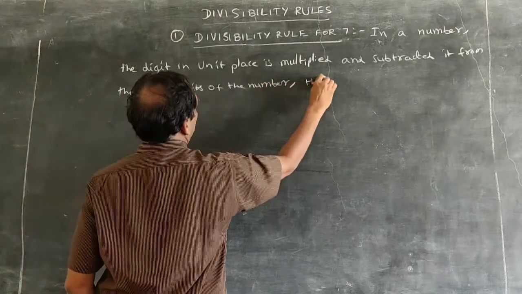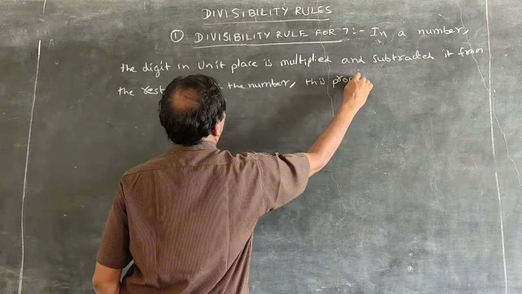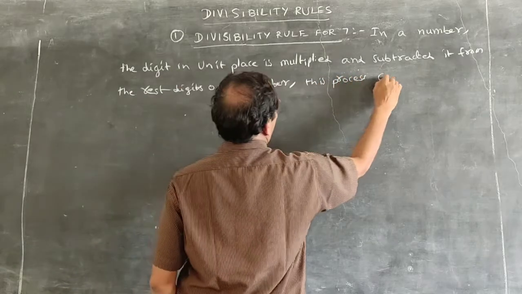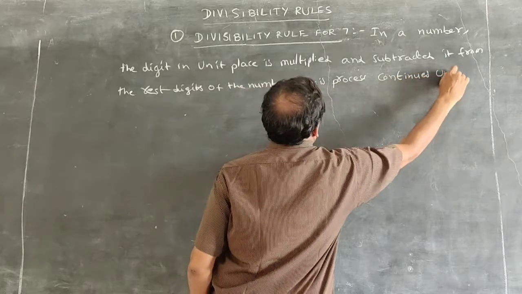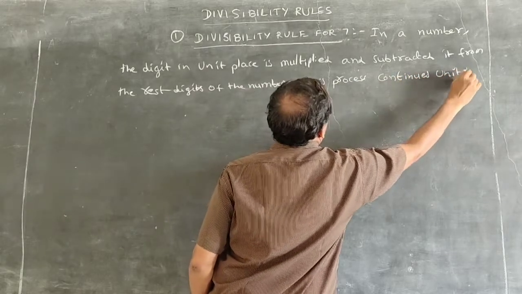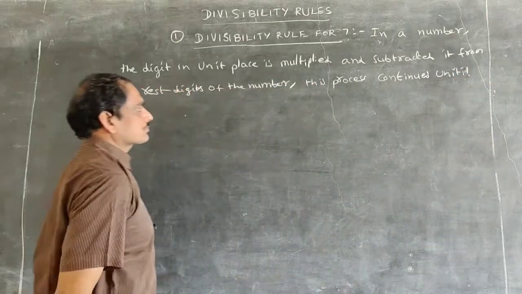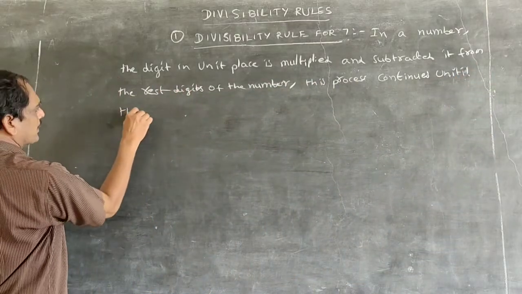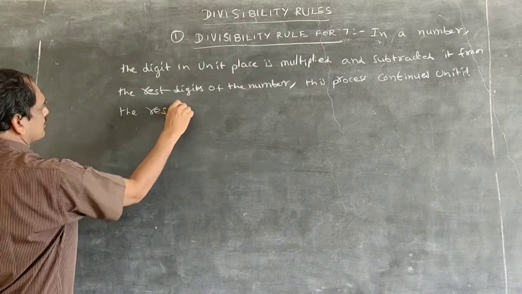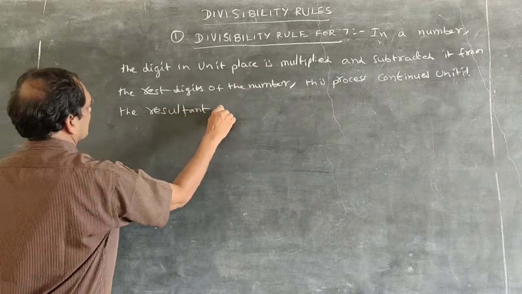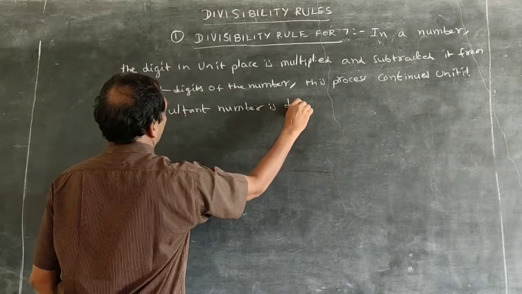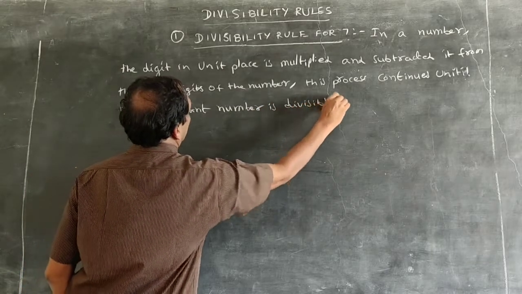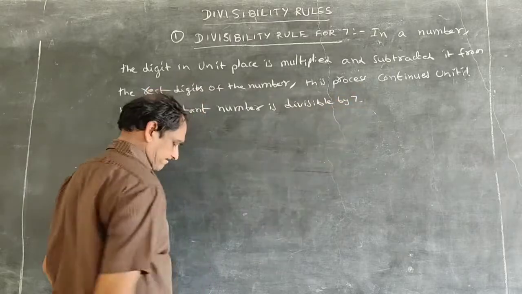This process continues until the resultant number is divisible by 7.